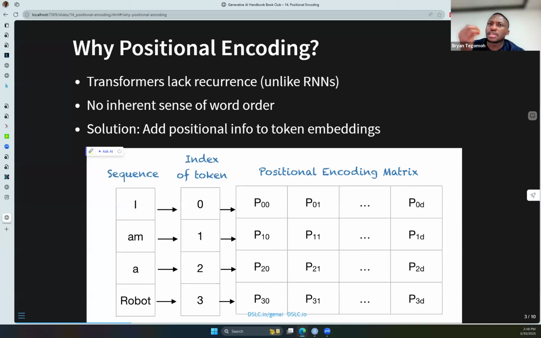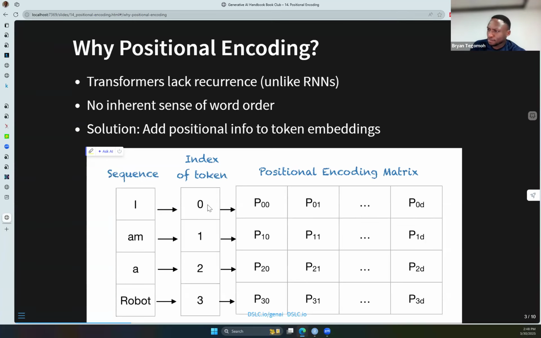Large language models are not able to contextualize that. So the solution is to add some positional information to the token embeddings, or at least within the vector. You can have a sentence like "I am a robot" and index each of those words into a specific position.